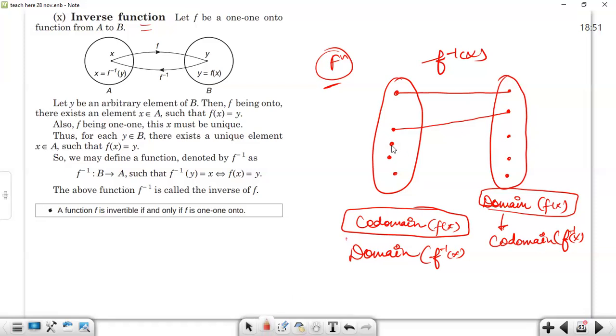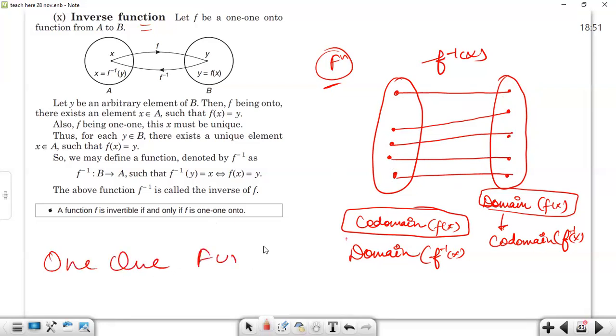Every element should get mapped to one and only one element, and every element in the codomain and domain should get mapped. Then only the function and the inverse of the function will exist. So if this is happening, one input, one output, one input, one output, so this is one function.